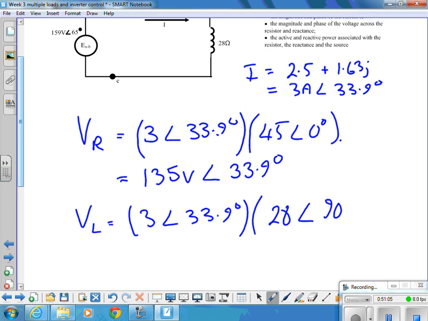Well done. So that's 3 times 28, 84 volts, angle 123.9 degrees.